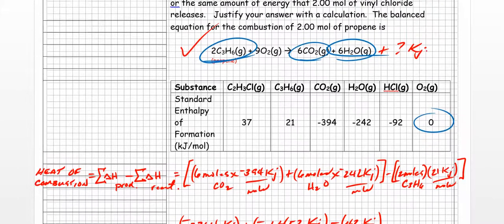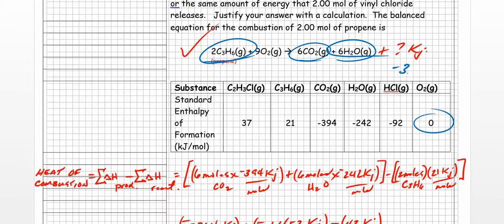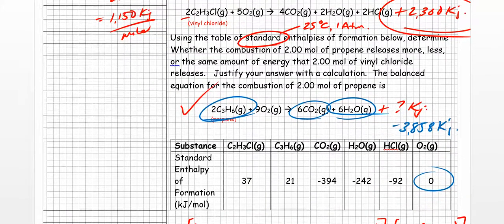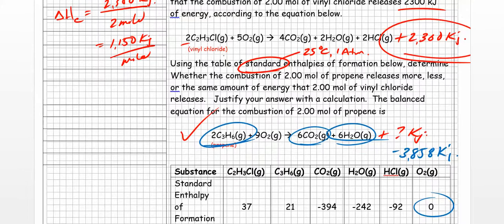So I'm going to add there 3,858 kilojoules, which I now know is going to be more in terms of energy when I compare it to the 2 moles of the vinyl chloride that was undergoing combustion, right? You know what? This should be a plus, so that's not a negative number. It's exothermic, so I'm getting that amount of energy.